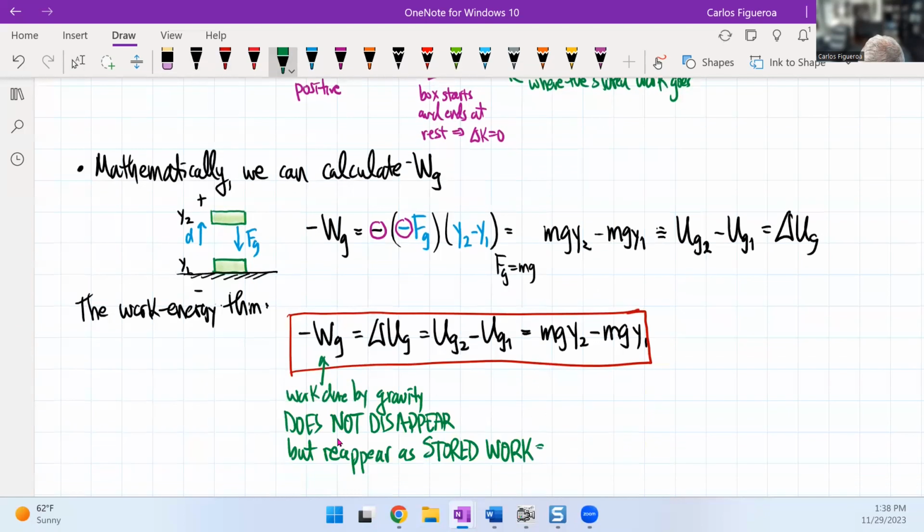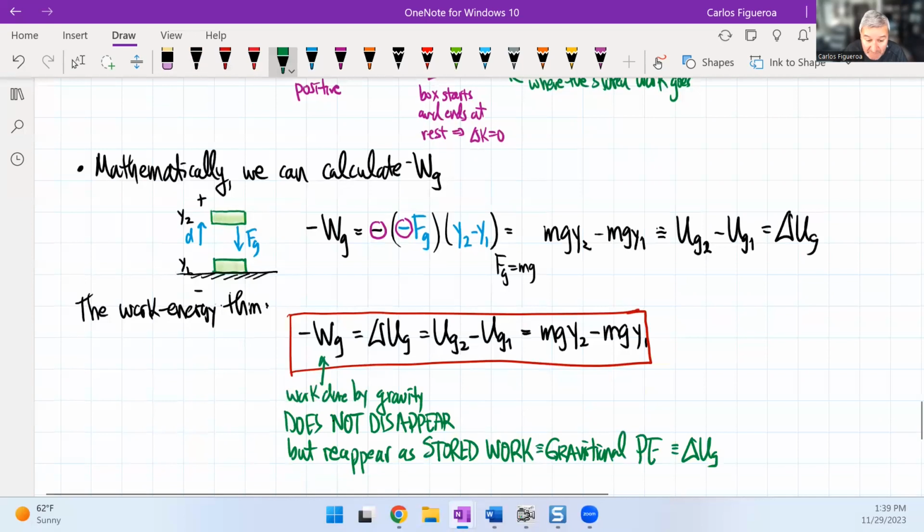And this stored work is what we call the gravitational potential energy. And that's what this delta U is right there.